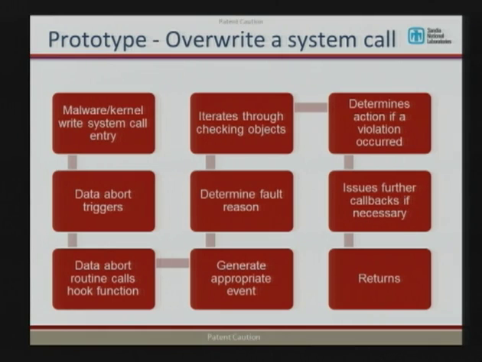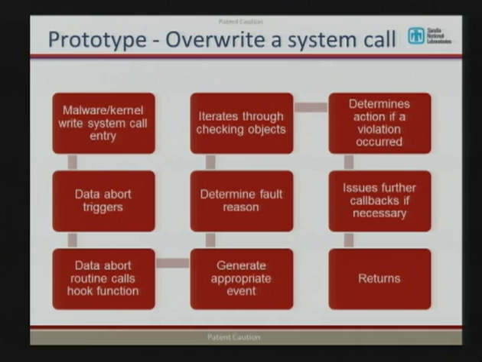I want to go over quickly the steps of how it truly happens at the architecture level. You issue the command to write the system call. A data abort will trigger, regardless of whether it's ARM, Intel, or any of the other virtual memory-based processors. The data abort jumps to a routine, through what is known as the interrupt vector table, which is again the same across the different processors.